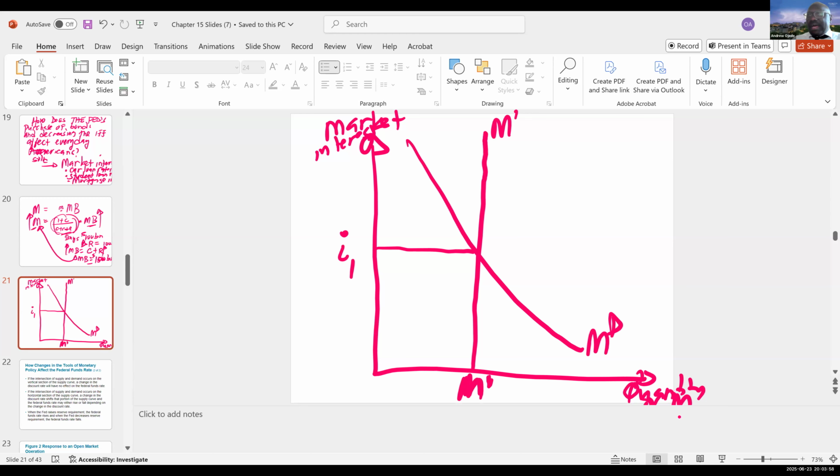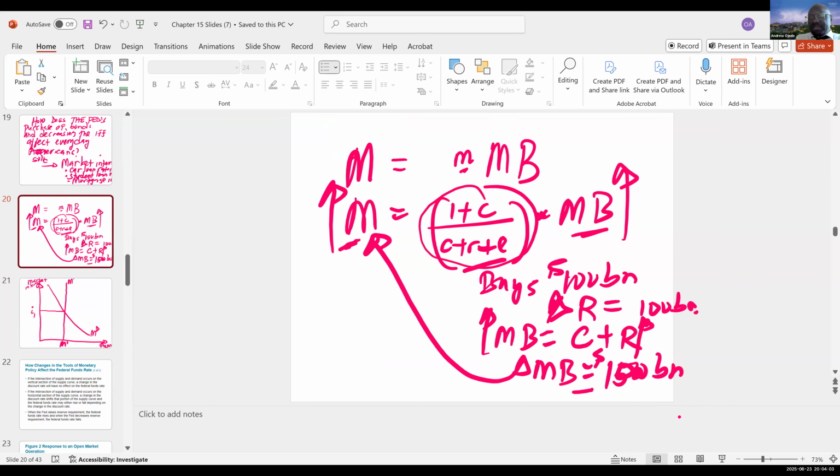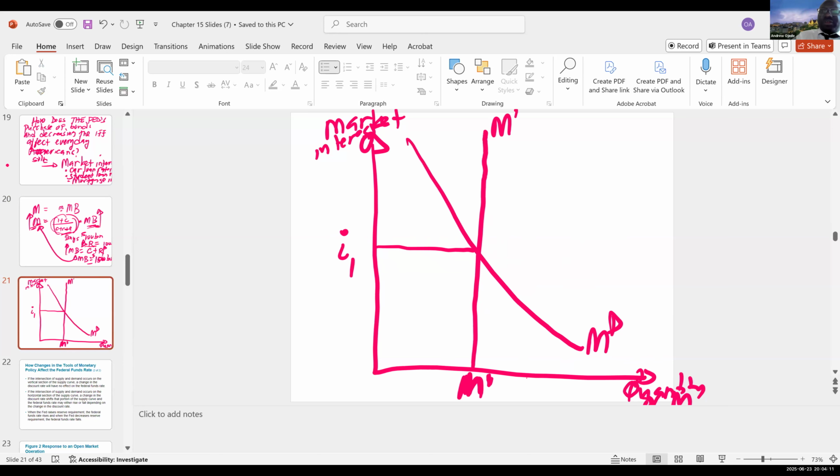Then remember the Fed has bought bonds. That led to an increase in reserves in the banking system and the monetary base went up. When the monetary base went up, money supply goes up. So when money supply goes up, it's going to shift to the right, to a higher level M2. The stock of money has gone up because the Fed has increased money supply by buying bonds.